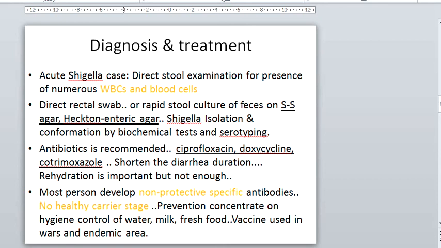Shigella isolation and confirmation by some biochemical tests and serotyping. Most persons develop non-protective specific antibody, with no healthy carrier stage. Prevention concentrates on hygiene, control of water, milk, and fresh food, and vaccine use in endemic areas.